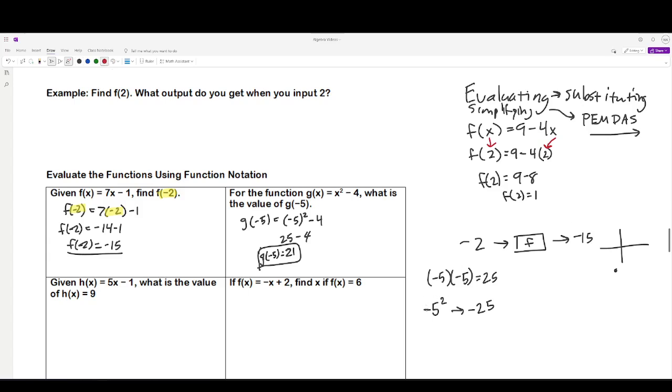It says this negative is multiplying the 5, and this 2 is an exponent of the 5. So it does the exponent first, and then you have negative times 5 squared, which is -25.